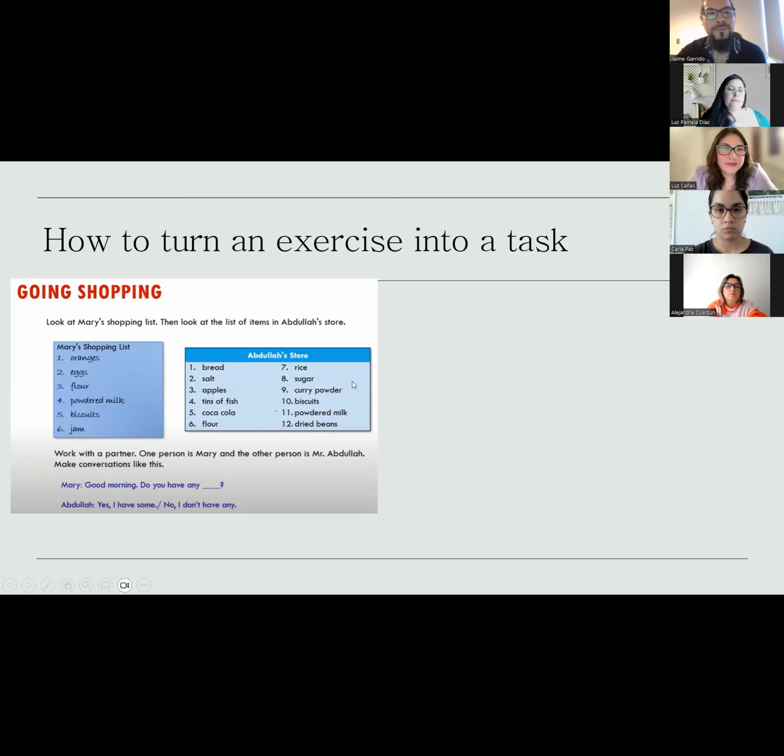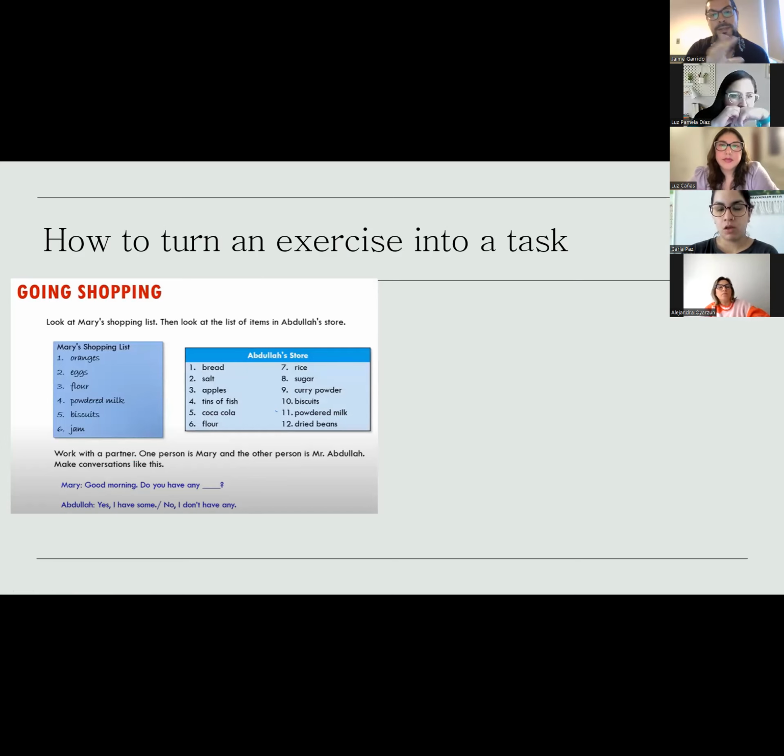Here we have, what's this? A task or an exercise? Exercise? An exercise, yes. So we're going to learn how to turn this exercise into a task. As you can see, the context is shopping for food.